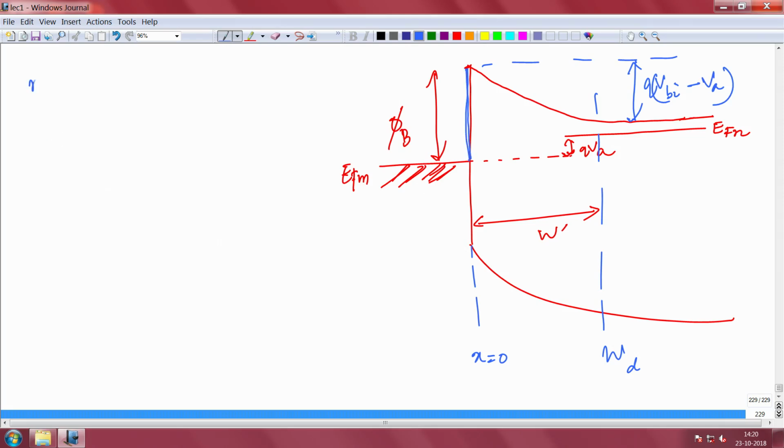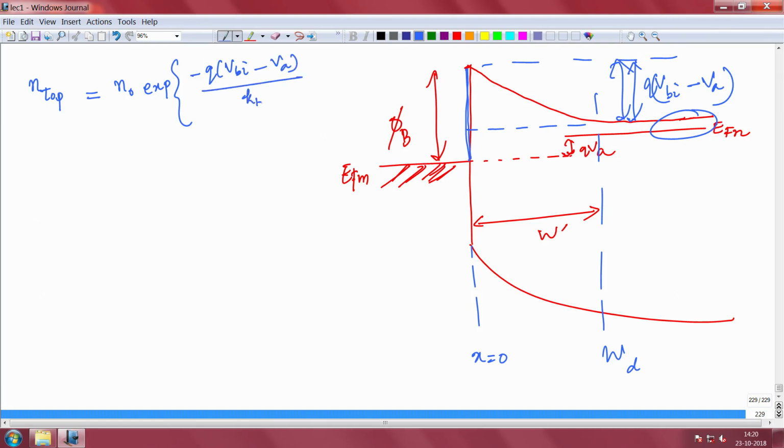the electron concentration is n_top, which is given by the electron concentration here, n_0, times exponential of minus q(V_bi minus V_A) by k_B T, this gap which is now reduced because of the application of a voltage. That is your electron concentration at the top.